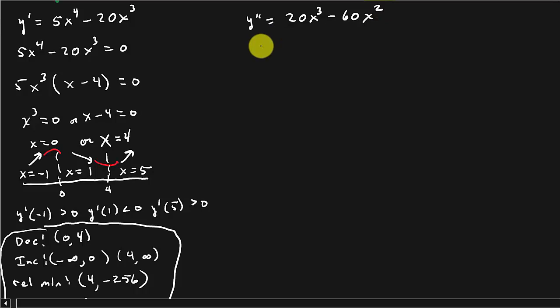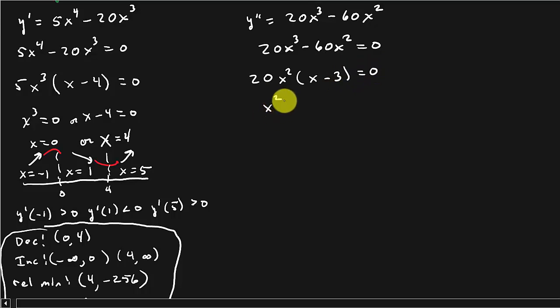And so 20x cubed minus 60x squared equals 0. Factor out a 20x squared. That's going to leave me with x minus 3 equals 0. So x squared equals 0, or x minus 3 equals 0, x equal 3, or x equal 0. So let's plot that on the number line.